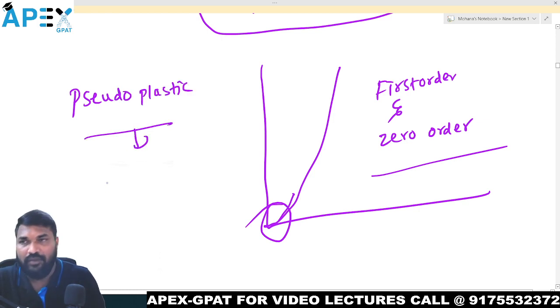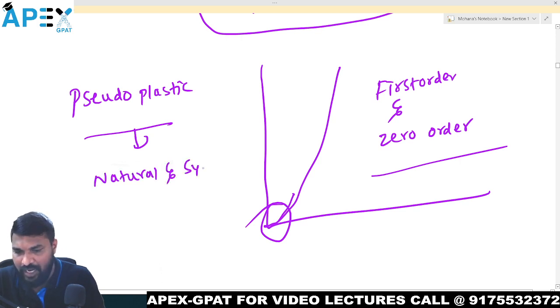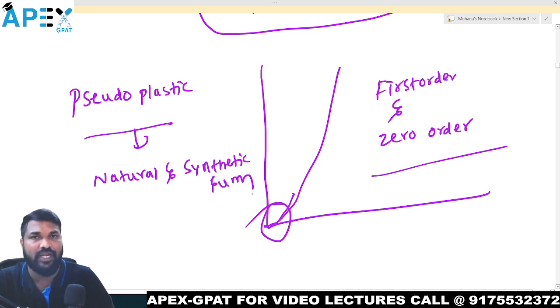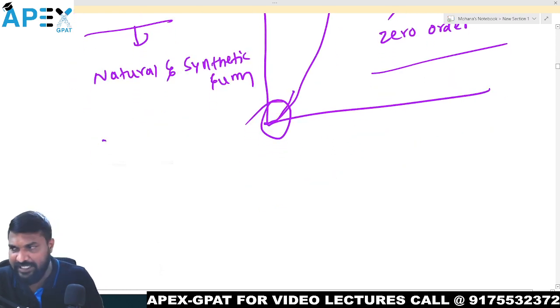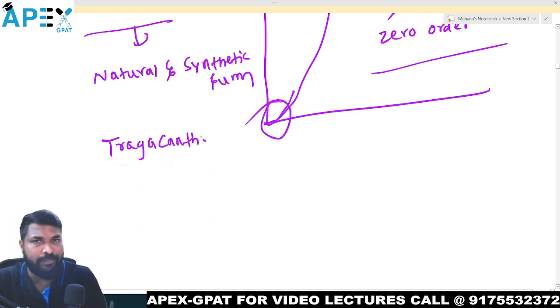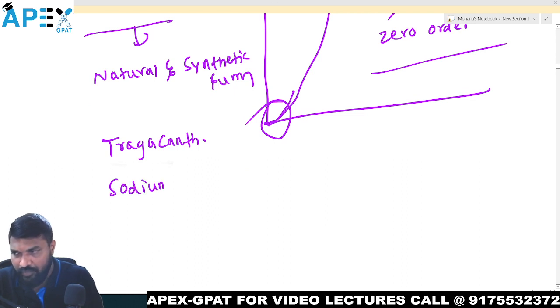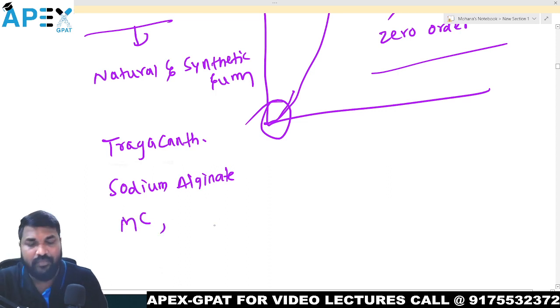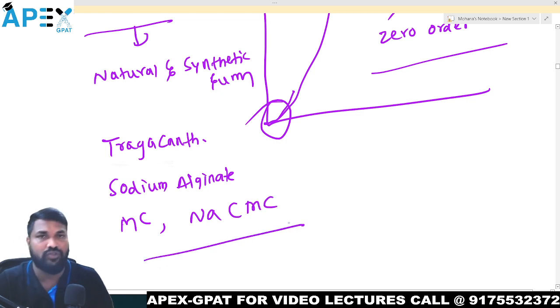Examples are natural and synthetic gums. You know what the natural gums are? Yes, tragacanth. Natural gum, a natural binder, this is, and sodium alginate, and methyl cellulose, and sodium carboxymethyl cellulose.